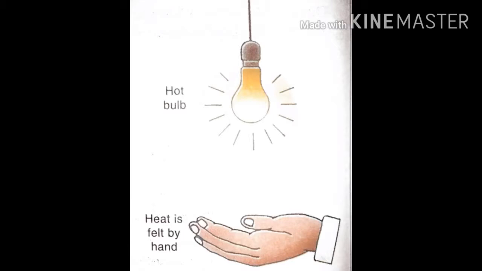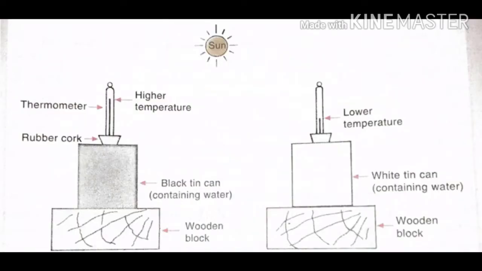Radiation is the transfer of heat energy from a hot body to a cold body by means of heat rays without any material or medium between them. Let's see an activity.